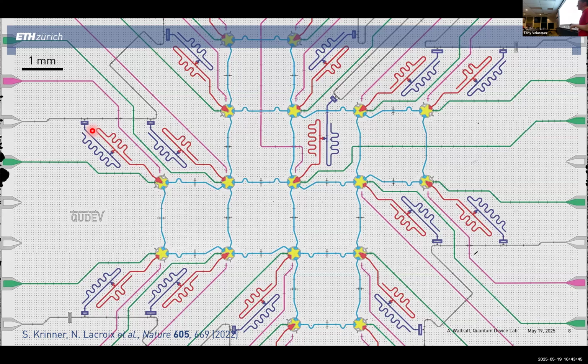If you couple a Purcell filter to that readout resonator, instead of falling off with the square of the detuning, it can fall off with the fourth power of the detuning. So the effective line shape gets narrower and the qubit decay gets suppressed. That's why these Purcell filters are there, to allow for fast readout while maintaining the qubit lifetime.